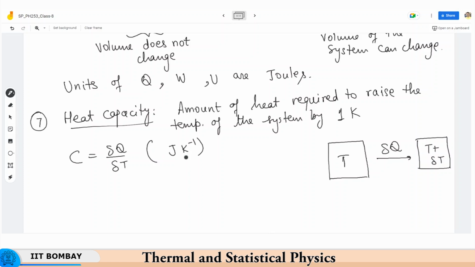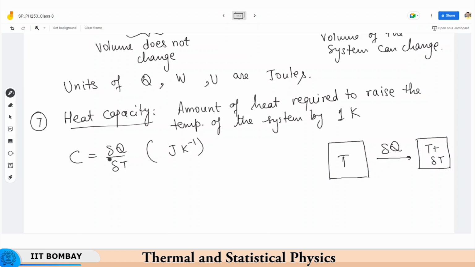And you can see that this heat capacity is actually an extensive variable. So if you have a bigger system, you need a large amount of heat to raise its temperature by 1 degree. For example, your cup of tea doesn't require that much energy to raise its temperature by 1 degree, but say you have a pond or lake.